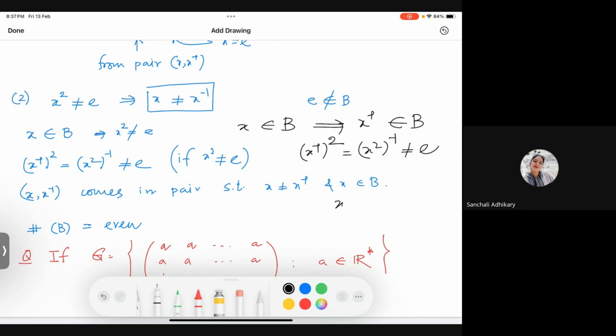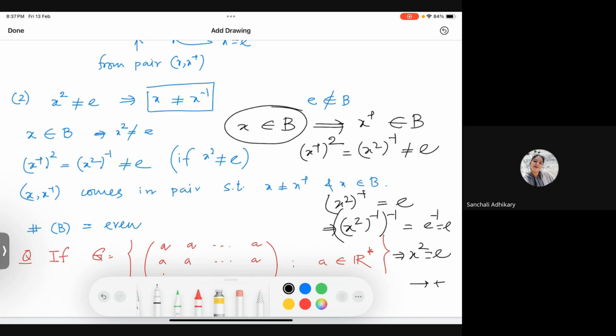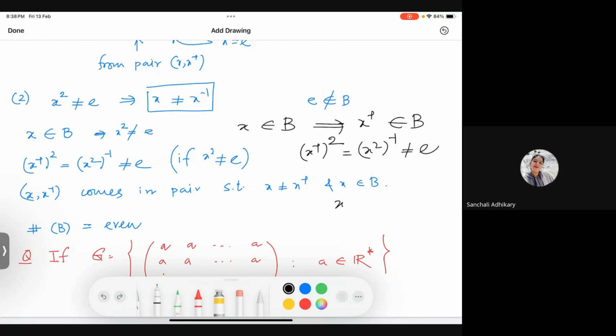Because if x square, its inverse, is equal to identity, then take inverse on both sides, and x square is equal to identity. This is a contradiction because x belongs to B. So if x belongs to B, then x inverse also belongs to B. So this comes in pairs, right?